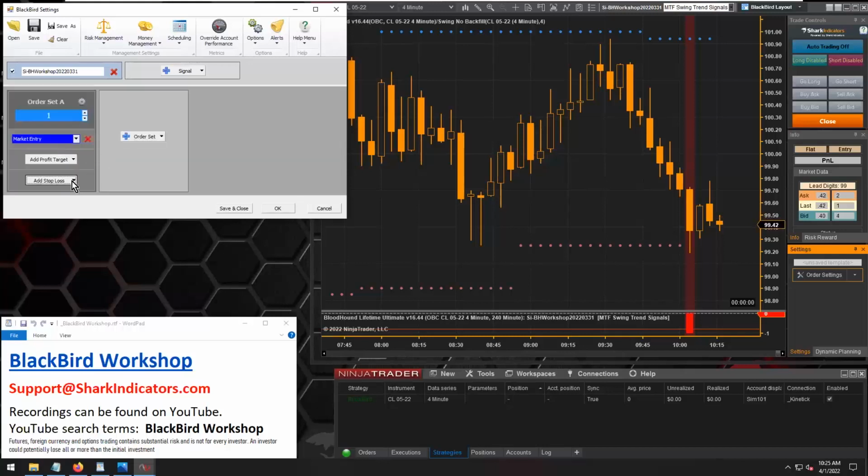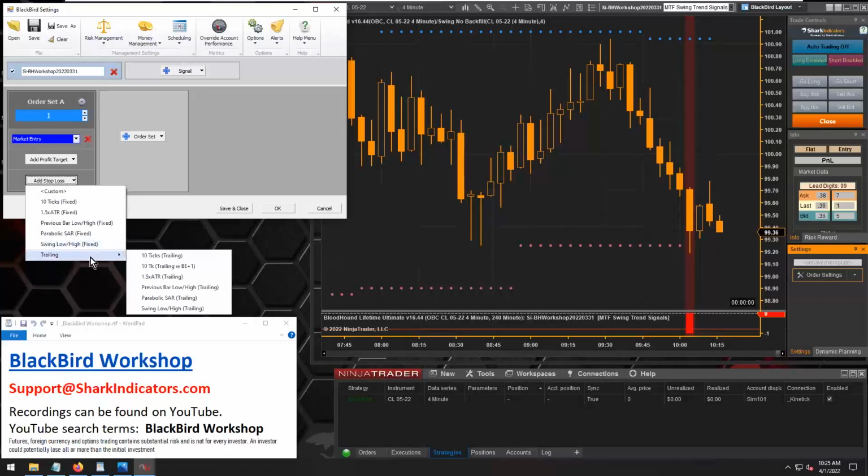And then the stop loss is going to be the swing low or swing high. So we have a fixed one here, but we also have a trailing one, right?